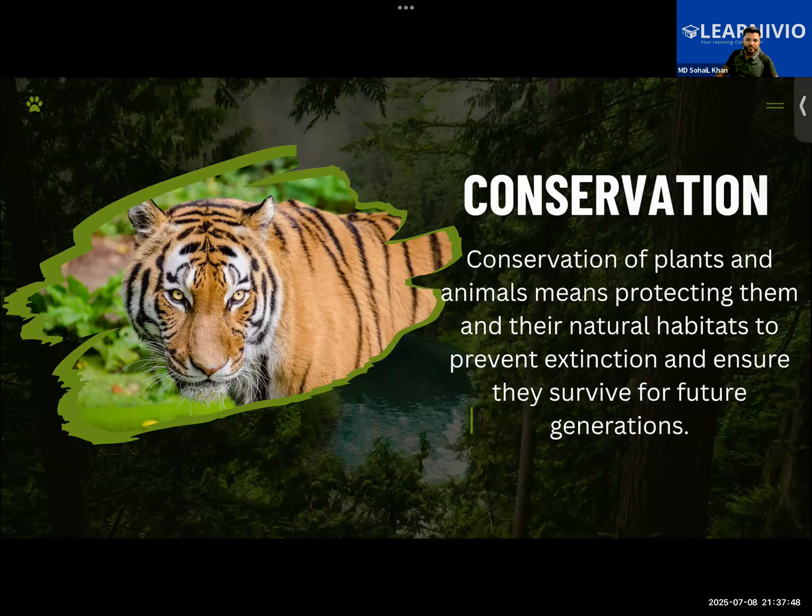I think maybe it is still found, only in a few places. It's extremely endangered, on the verge of extinction. If it is not protected, it may become extinct. The population is very less.